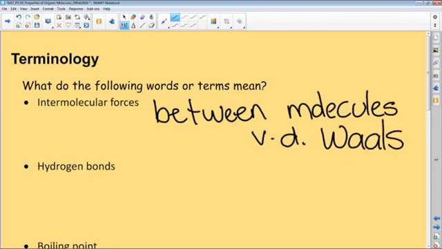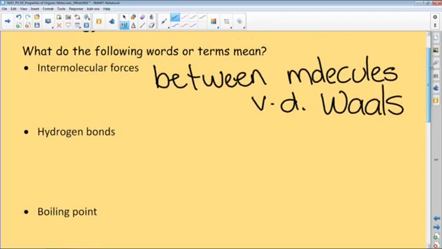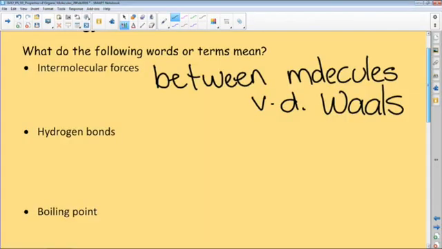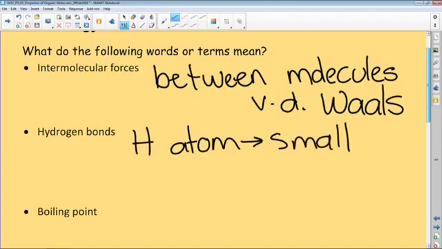Now remember, hydrogen bonds are a special intermolecular force, and it only happens when you have a hydrogen atom bonded to a small, highly electronegative atom.